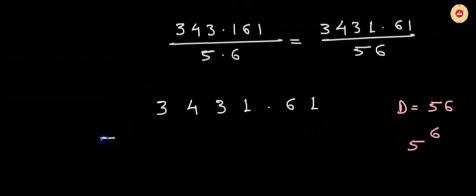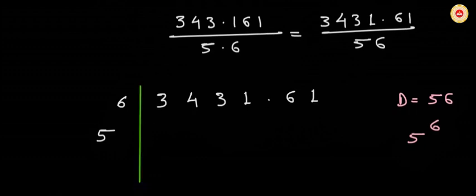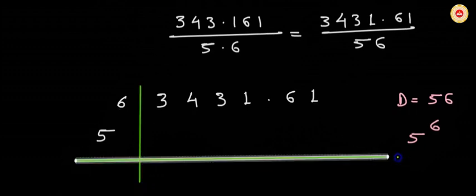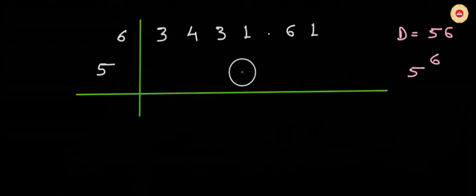Let us write actual divisor 5 and let us write 6 at the level of this dividend. Let us draw lines to separate dividend and divisor. Now drawing the decimal line.